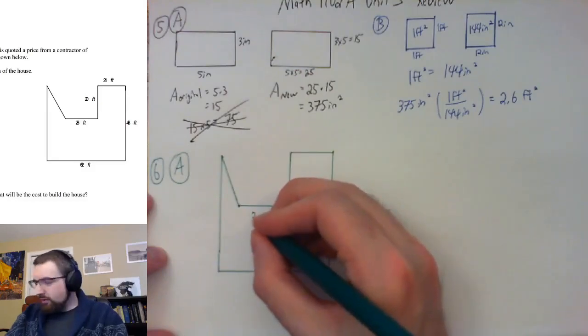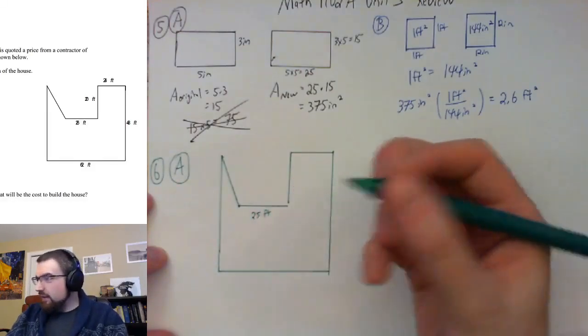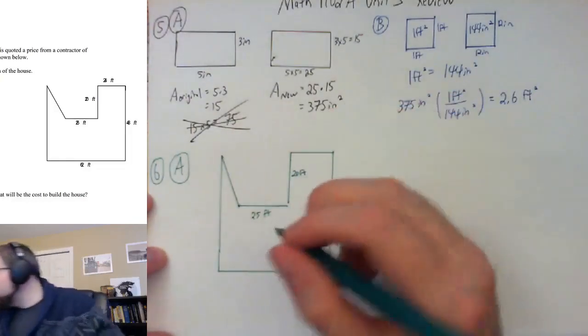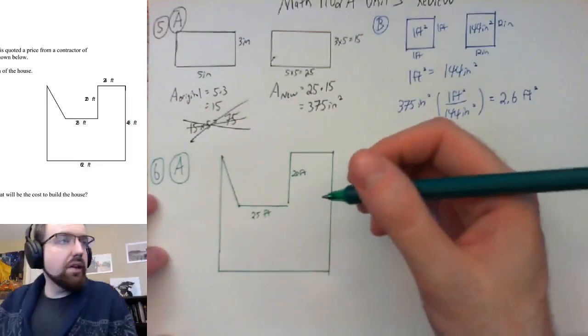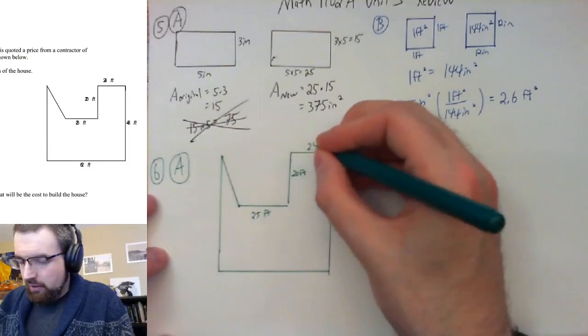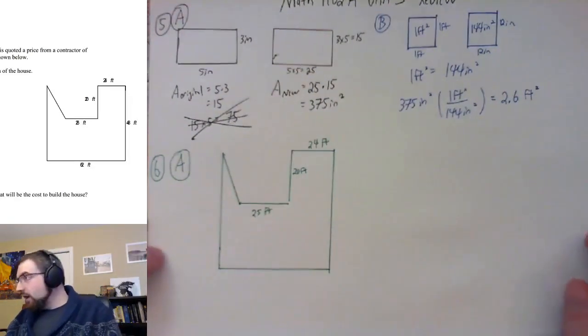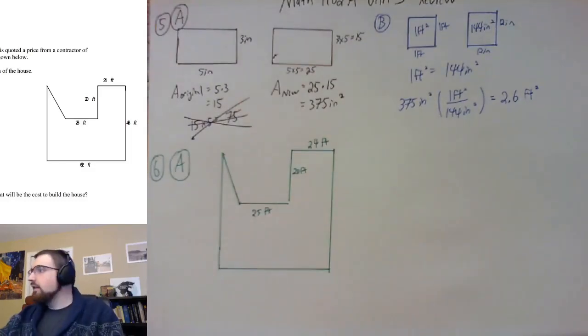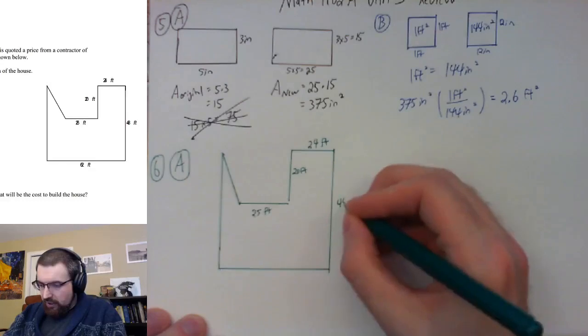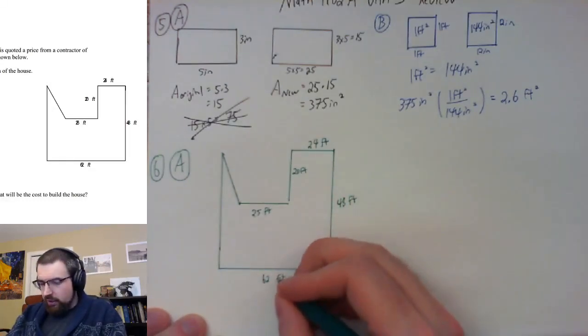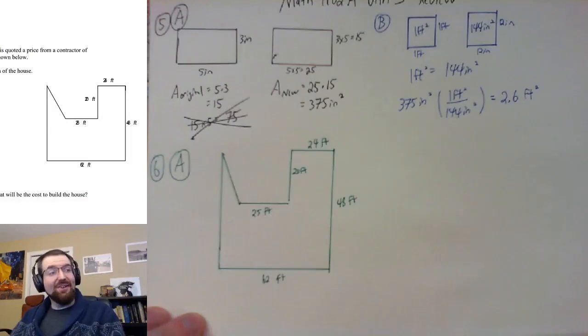So this one here is 25 feet. This one over here is 20. So across here is, what the heck is that, 24? That looks like a 24. What do you think, TwistJet? I'll call it 24 feet. Down this other side, is that 48? Boy, that's got to be 48, right? 48 feet and 62 feet. Tell you what, those are the values I'm going with. Whether those are the right ones or not, those are the values I'm going with.